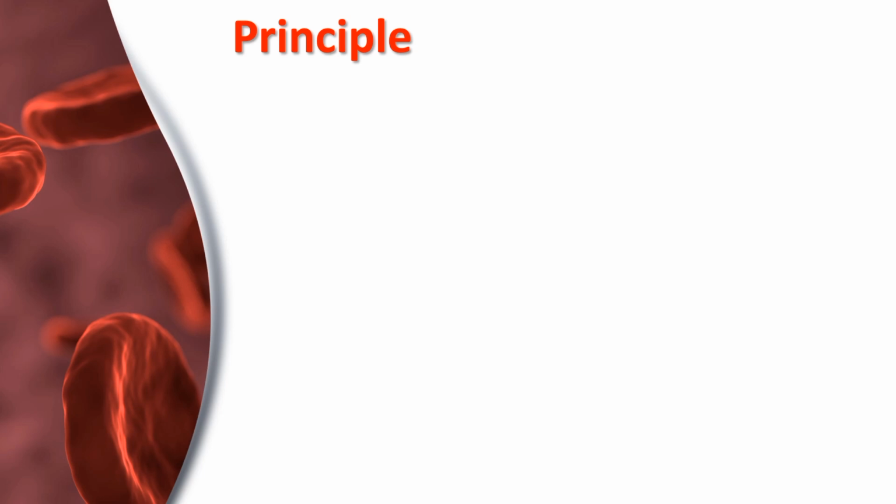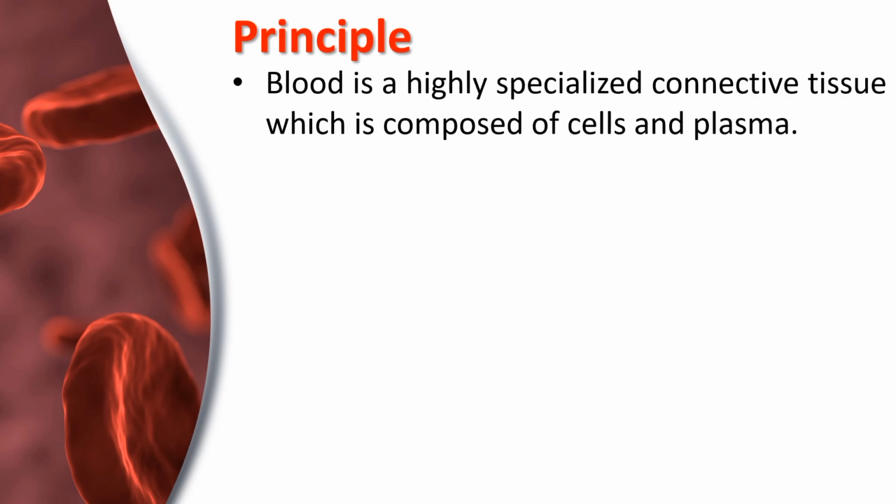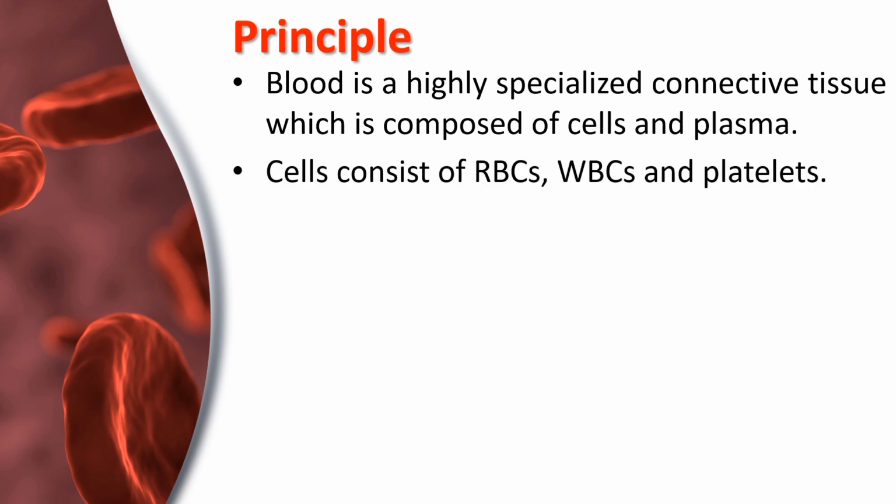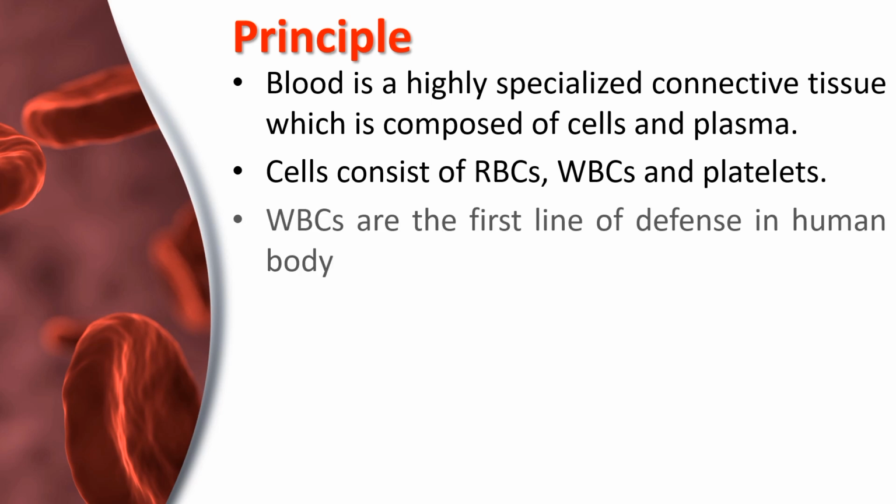Blood is a highly specialized connective tissue which is composed of cells and plasma. These cells consist of red blood cells, white blood cells, and platelets. White blood cells are the first line of defense in the human body.